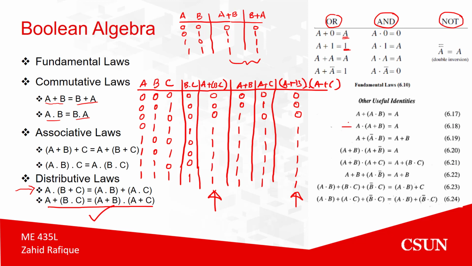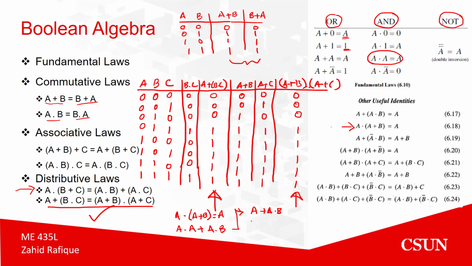So let's prove 6.18. So 6.18 says that A AND (A OR B) as a group is equal to A. So the left side over here, I can rewrite as (A AND A) OR (A AND B) using my distributive law, which gives me A, because A AND A is A from my basic AND law, OR (A AND B).